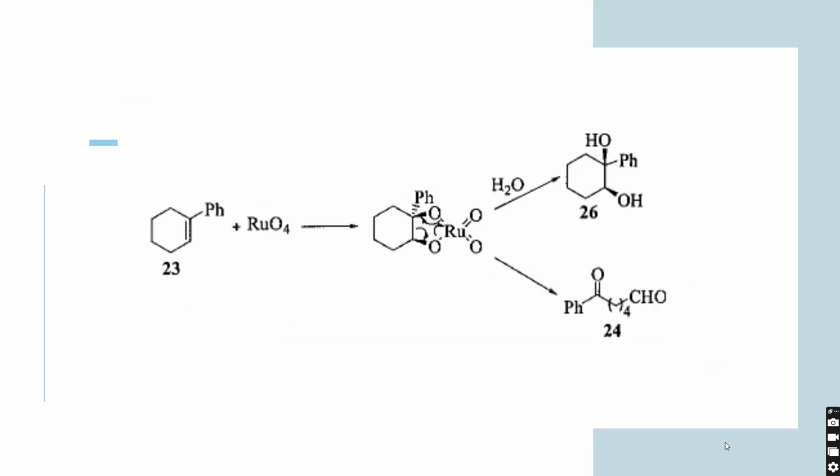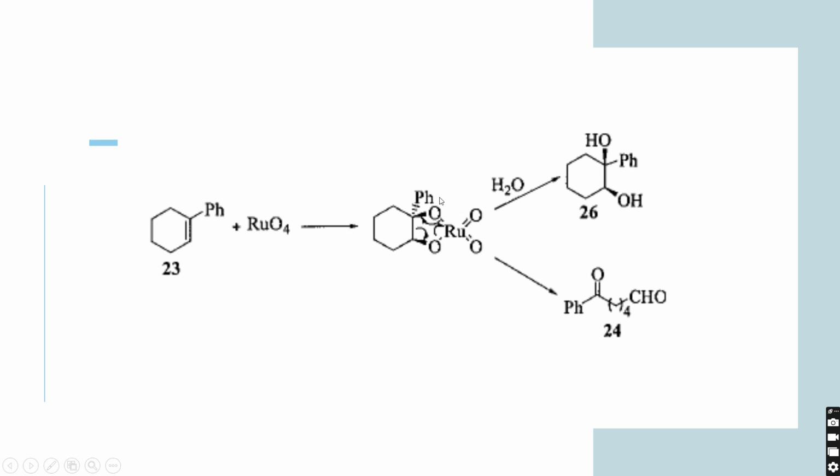Then we have this carbon-carbon bond cleavage reaction using ruthenium tetraoxide. Okay, the mechanism starts with the electron donation from carbon-carbon double bond to ruthenium center, which will lead to the formation of this 5-membered ring intermediate by ring formation of ruthenium center with the carbon-carbon double bond.